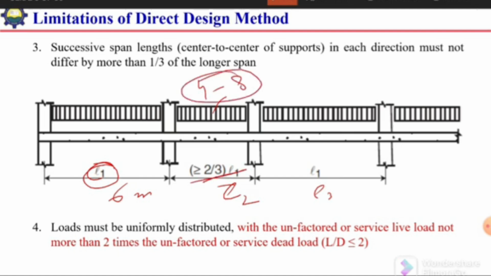So if the length of this span is, for example, 9 meter, the difference of these two span lengths will be more than 1/3. So in that case this direct design method will not be applicable. So the difference between the length of the consecutive panels cannot be more than 1/3 of the longer span.